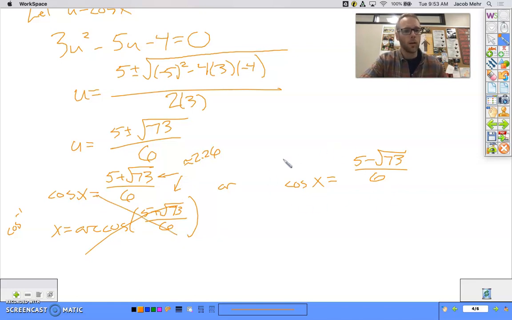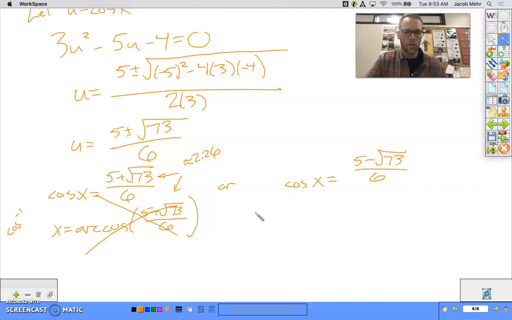Okay. So how about this one? Well, I'm going to learn my lesson here from the other one. I'm going to type in 5 minus the square root of 73 over 6 first, just to make sure it works. I'm going to get about -0.59. And can the cosine equal about -0.59? Yes, it can.